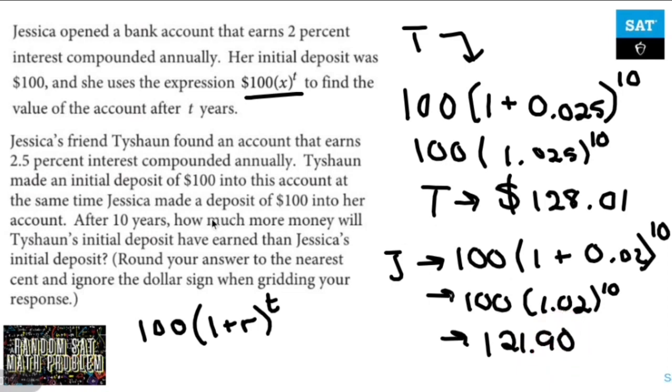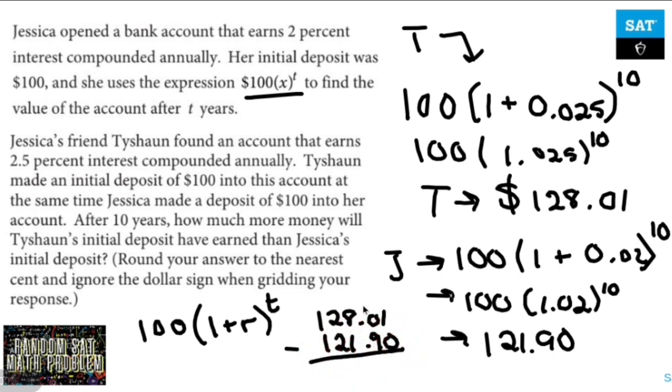Now, the question that's being asked is, after 10 years, how much more money will Tyshawn's initial deposit have earned than Jess's initial deposit? Okay, so Tyshawn is 128.01. Jessica is 121.90.